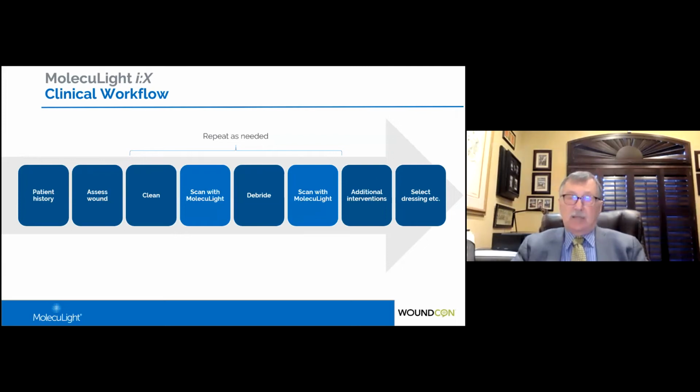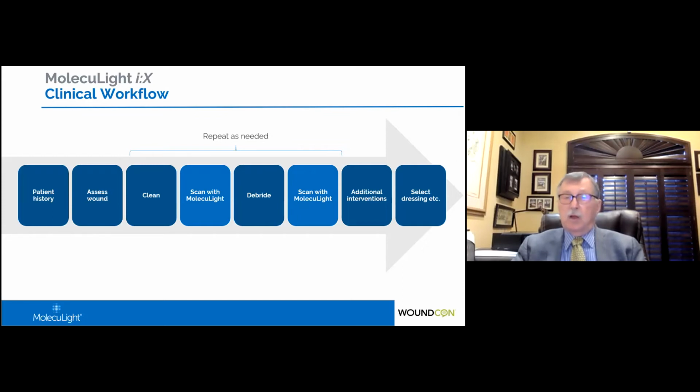This is just a cartoon showing how we actually use the device in our clinic flow. First of all, this does not take the place of your wound knowledge, your experience, and your clinical assessment. So starting with the basics, obviously a history and physical exam, we then clean and assess the wound.